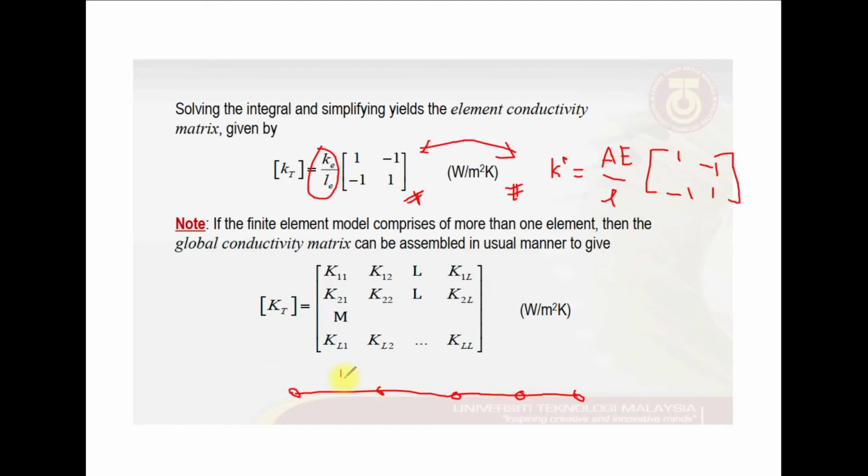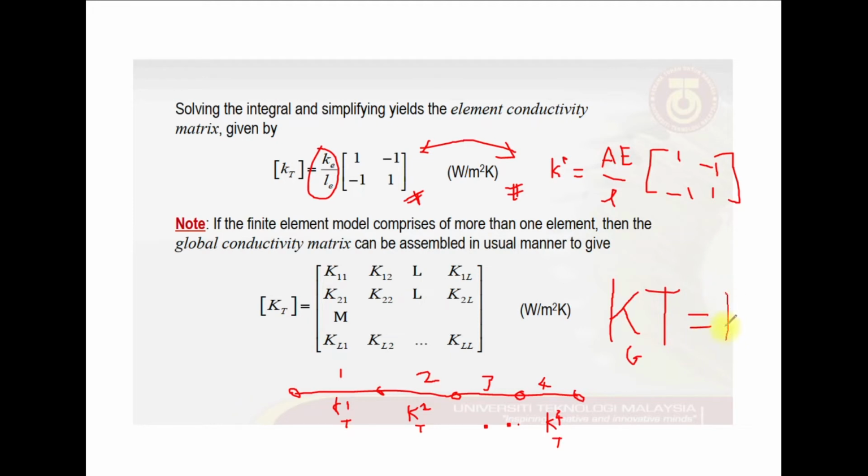For example, if I have 4 elements as shown in this example, then I have to calculate the K for each element and assemble them to form a complete system. At this stage, we should be able to generate the global K matrix for our structure.